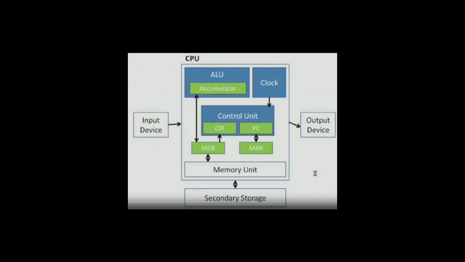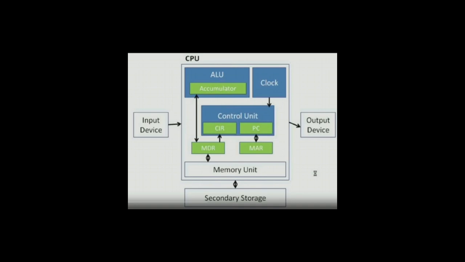When the CPU wants to read data from memory, it sends a memory address to the memory unit. The memory unit uses this address to locate the memory location where the data is stored and transfers the data to the MDR. The CPU then reads the data from the MDR and performs the necessary operations on it.